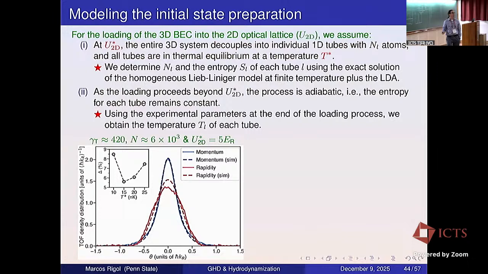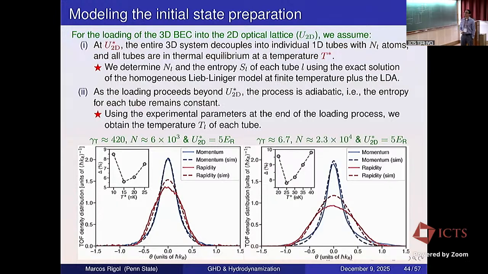If you were asking yourself how close to the Tonks-Girardeau gas they can get, they can get to a gamma of hundreds, the ratio between the interaction strength g and the density times a constant. This is what happens if they go to a lower gamma. Here we have a larger disagreement between theory and experiment, but it's reasonably good.